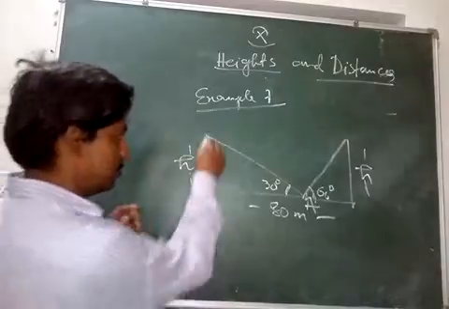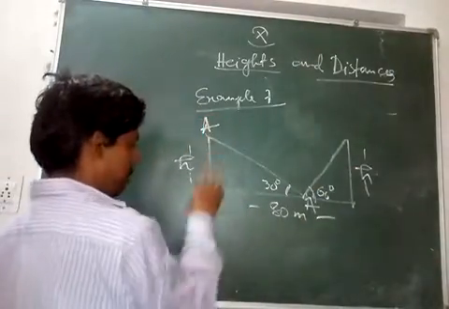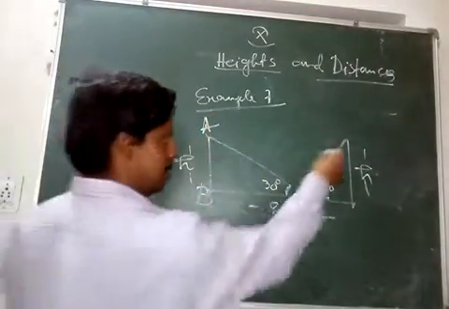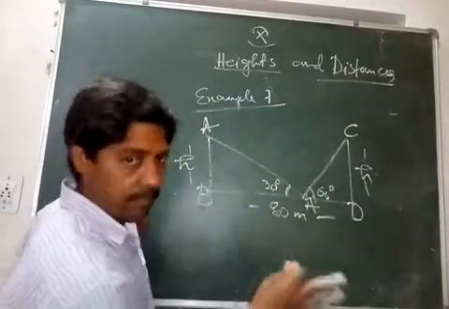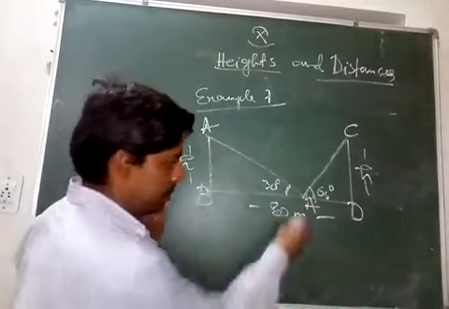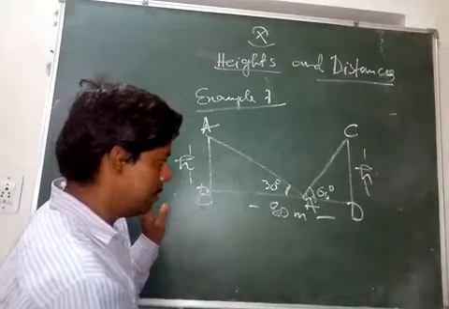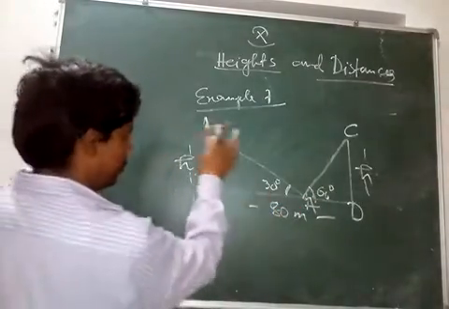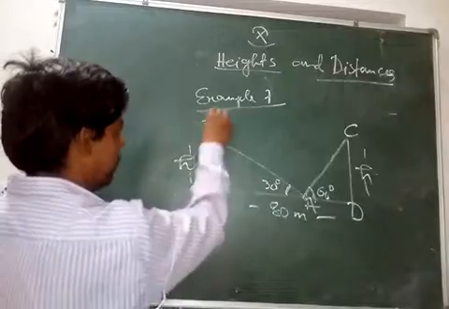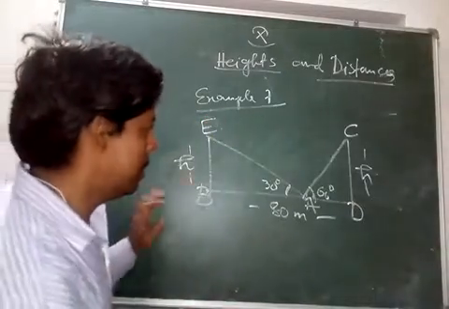So the question is, there are two such poles. Let's name the first pole AB, the second pole CD. There is a point somewhere in between B and D. Let's take this point as E, BE.